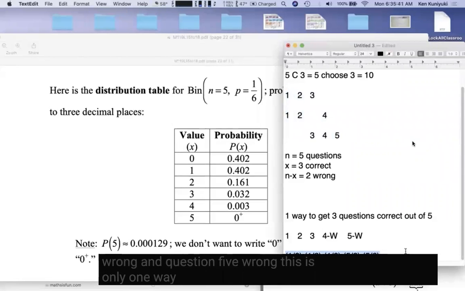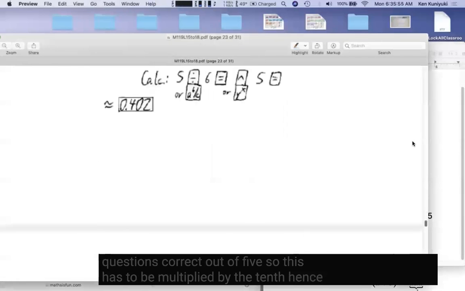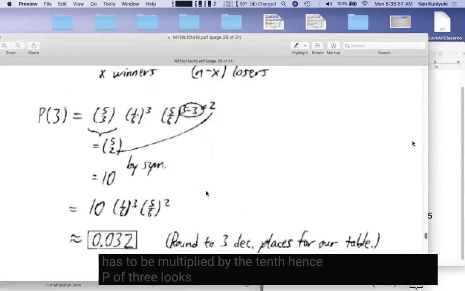This is only one way of getting 3 questions correct out of 5. And this is the probability of that one particular way. But there are 10 ways to get 3 questions correct out of 5. So this has to be multiplied by the 10.